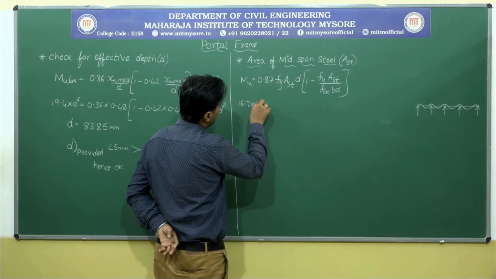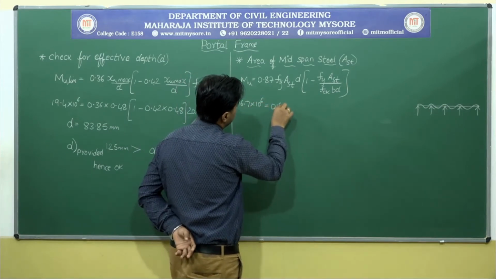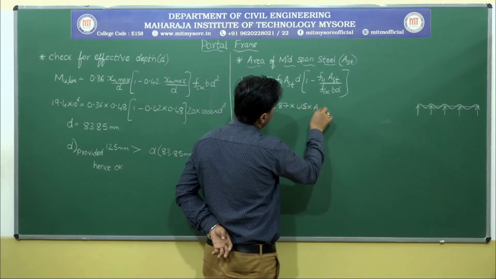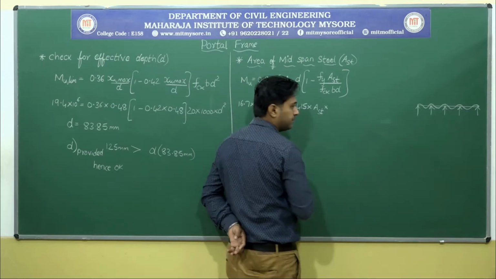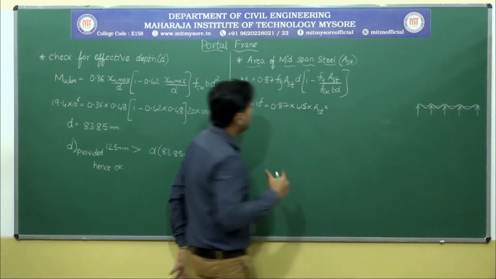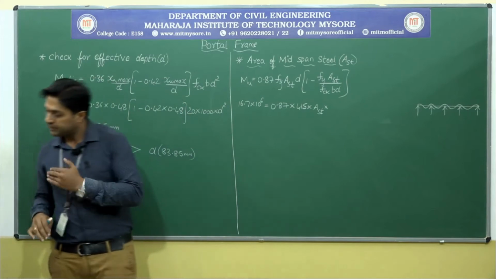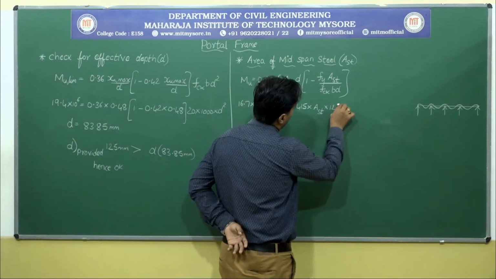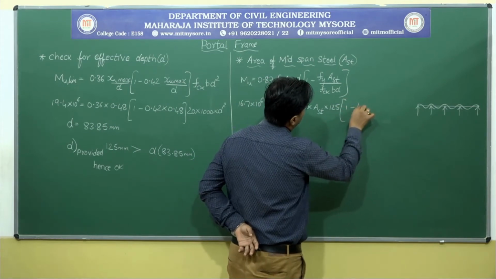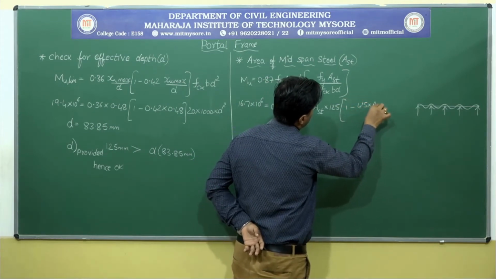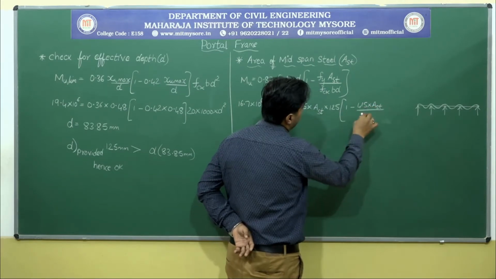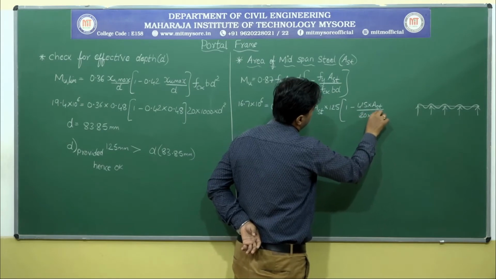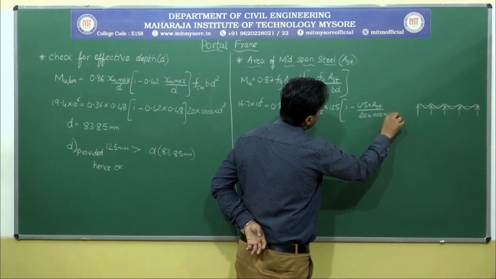To convert that into Newton mm, 10 power 6, 0.87. fy is 415. Ast only we need to calculate, into d. What is the effective depth? It's 125. Yes, it's 125. Now 1 minus fy is 415, Ast divided by fck is 20, breadth, as it is a slab, it's 1000, and effective depth is 125.